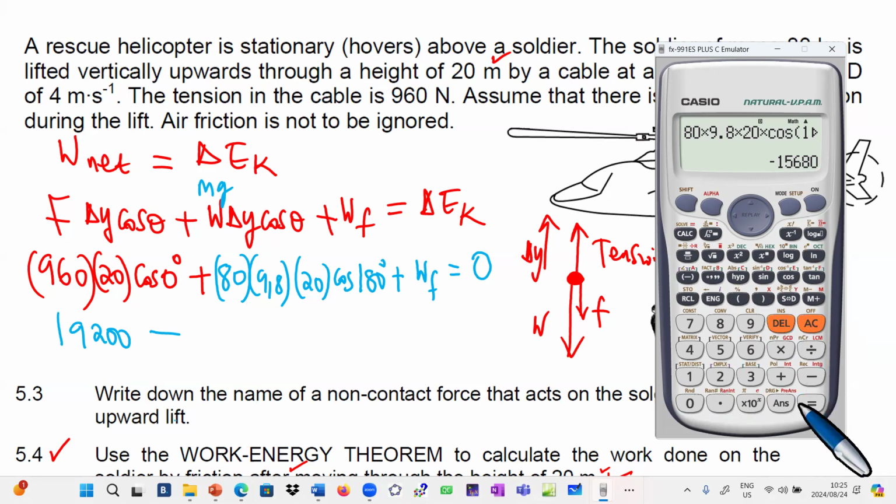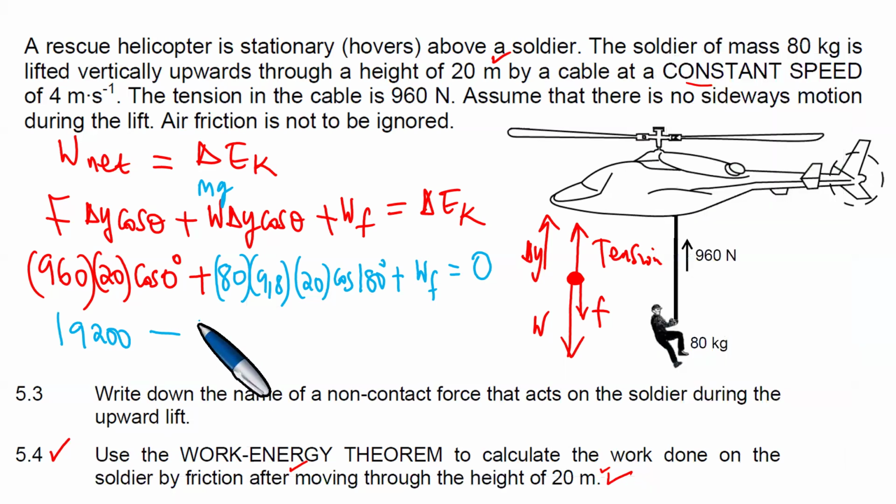Minus 15,680 plus work done by friction equals 0.